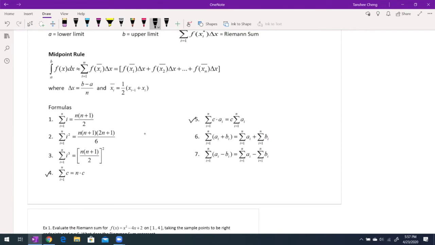And if you are talking about the summation of the sum or difference of two functions, then we can take the summation of each function and then add them or subtract them. So these are the properties that we learned from pre-calc. These three things you need to remember.